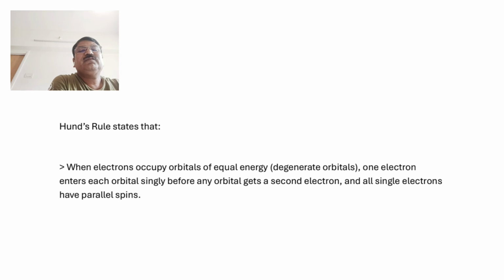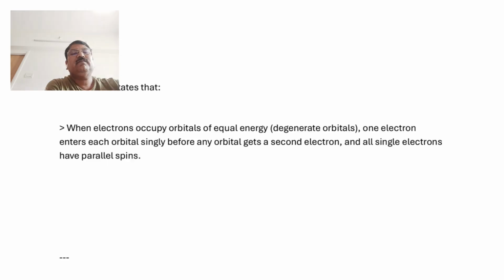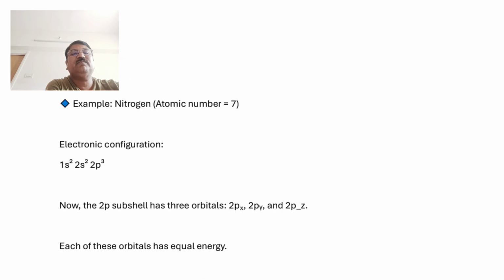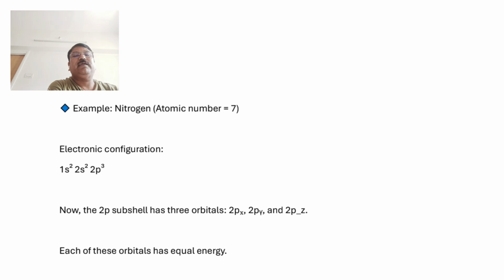Now we see that Hund's rule explains first how the filling of electrons takes place in different orbitals. As we know, there are four different atomic orbitals. Which are these four different atomic orbitals? Okay, that is s orbital, p orbital, d orbital and f orbital, right?